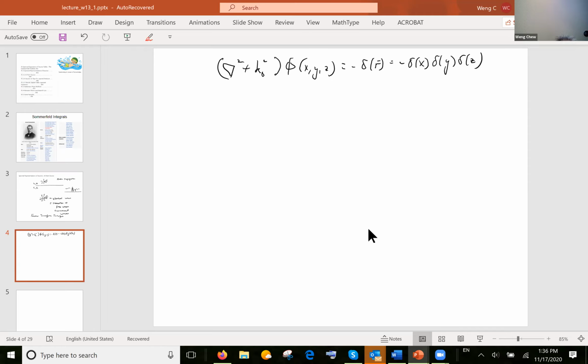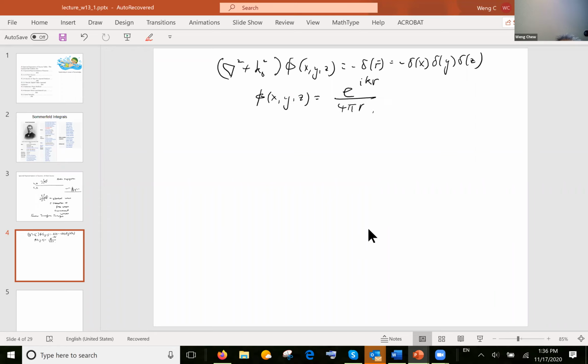We know what this solution is because this is just a Green's function, with the point source located at the origin. The solution is e^(ikr) over 4 pi r.